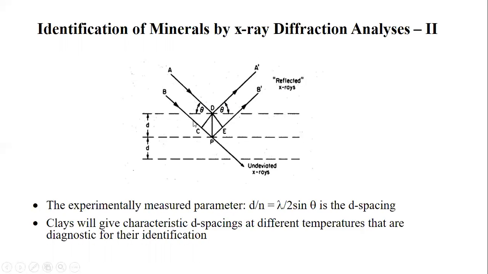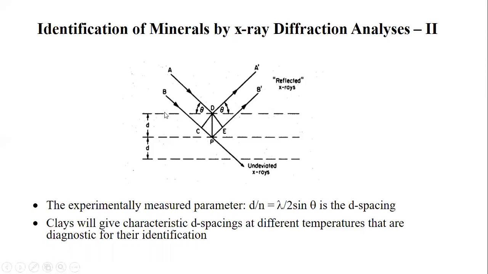The second ray penetrated the clay and was reflected from the second surface. So this B prime, this distance, is what we call the d spacing. Now this is the top of the first crystal unit.